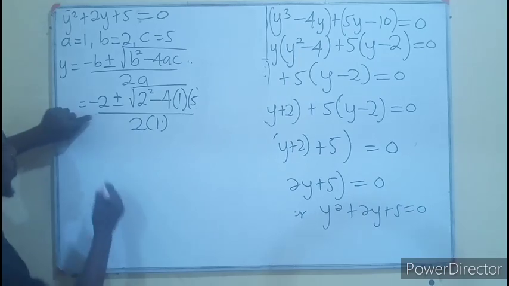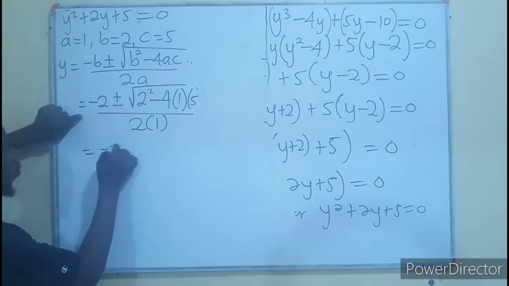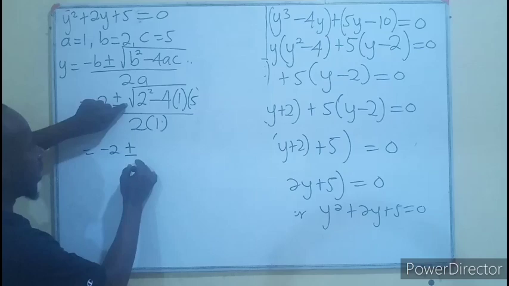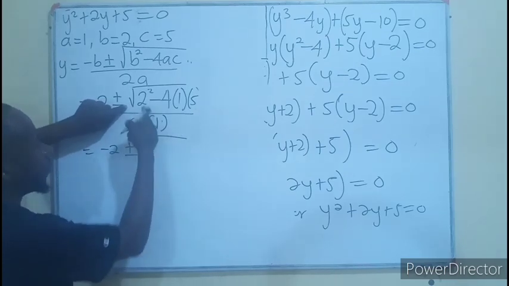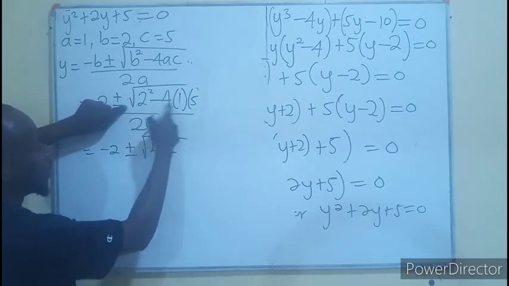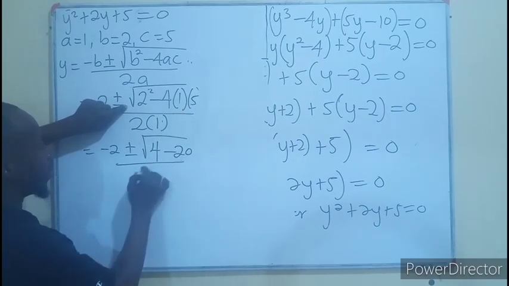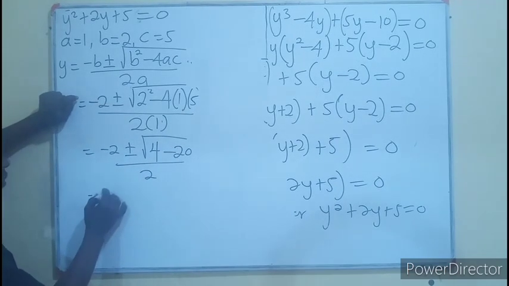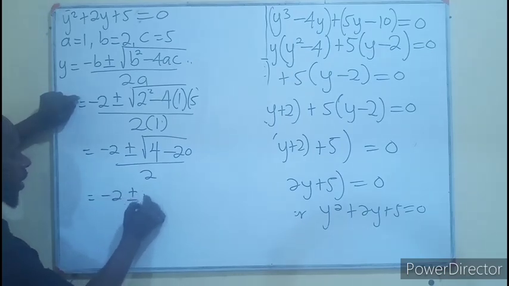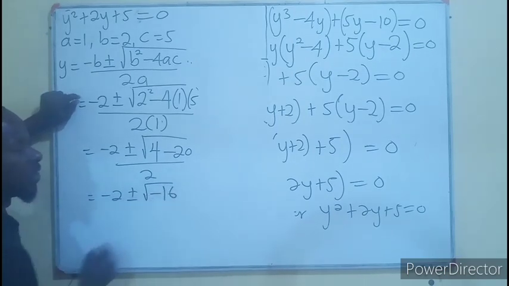What do we do from here? We simplify minus 2 plus or minus the root of 4 minus, I believe this will be 20, all over 2. Still minus 2 plus or minus root of negative 16.